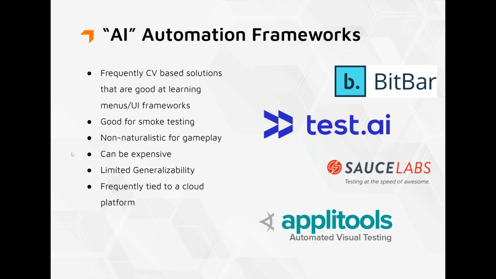However, the ones that do gameplay AI aren't really representative of what your end users are going to experience or how they're going to play the game. Most AI bots in the gaming space are still in early stages, and they're not very generalizable.